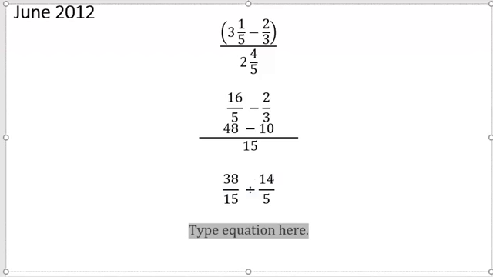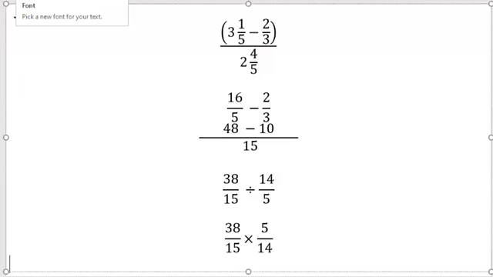So we have 38 over 15, change our division to multiplication, and then flip the fraction that follows. So we now have 5 over 14. So what we can do again is simplify. So 5 into itself goes one time, 5 into 15 goes 3 times.